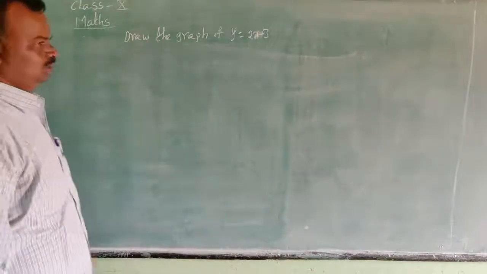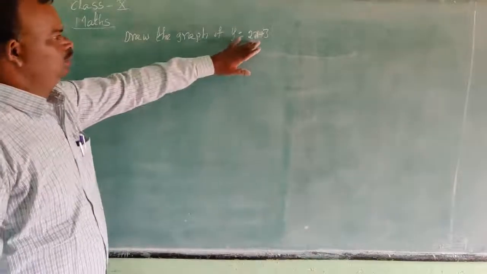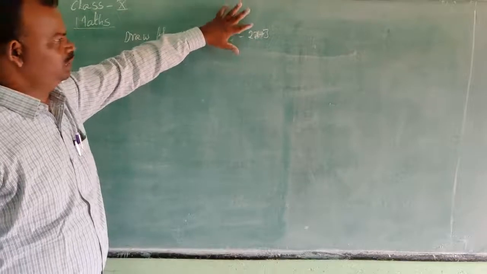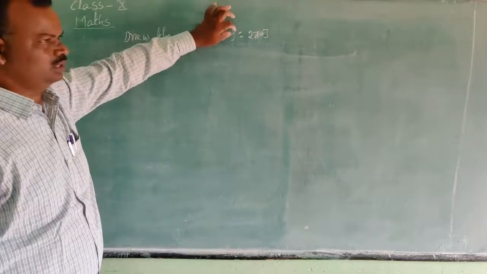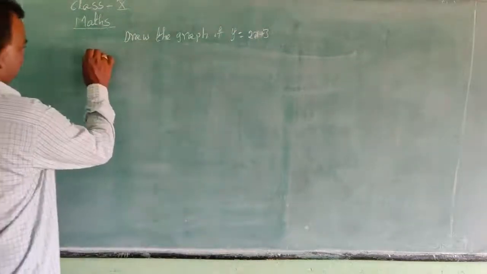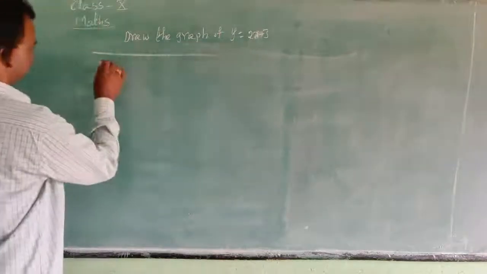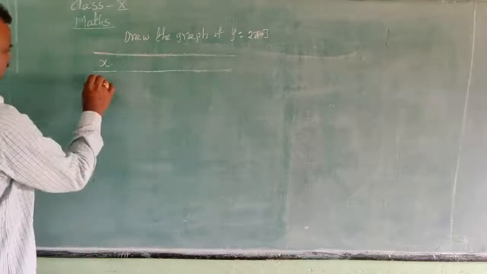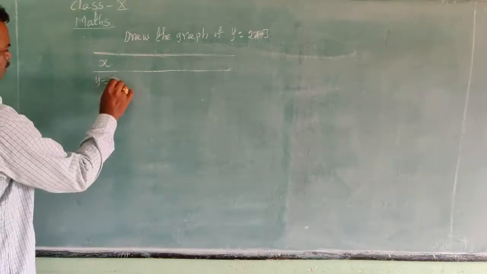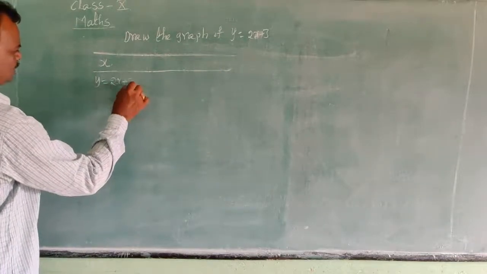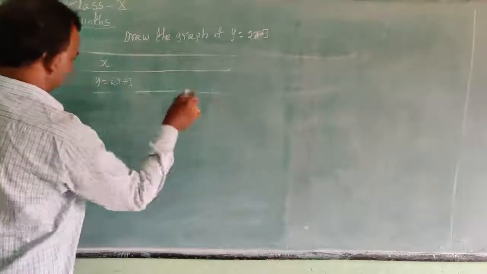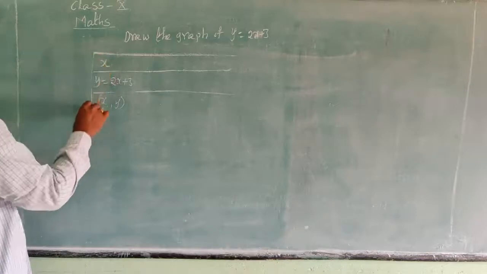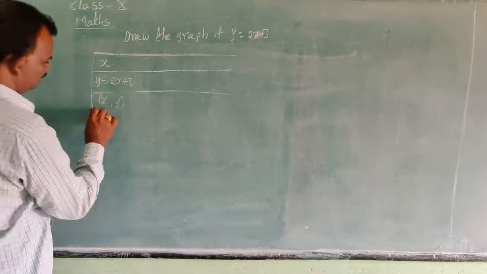First of all, there are two variables x and y. We are taking some values of x and we are getting some values of y. Here, draw a table. The first value is x, the second value is y is equal to 2x plus 3, and the third one is x comma y.